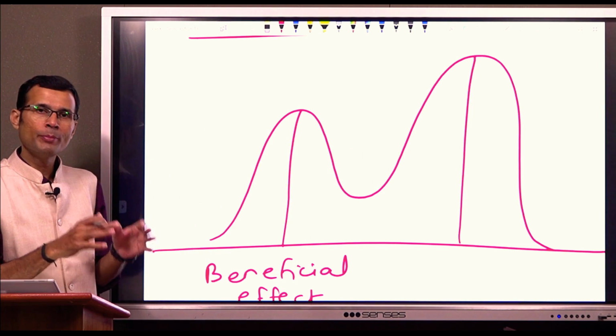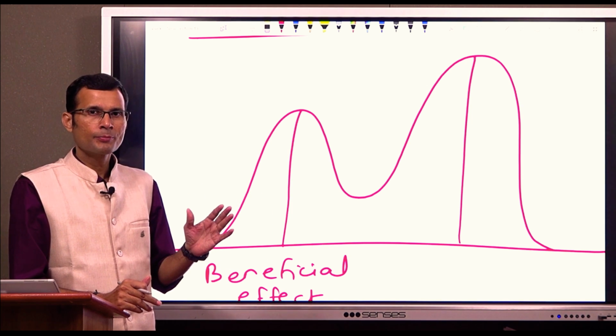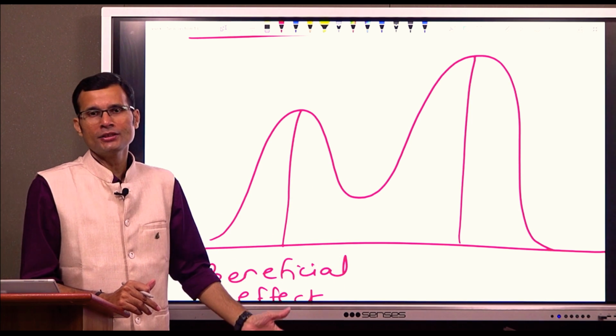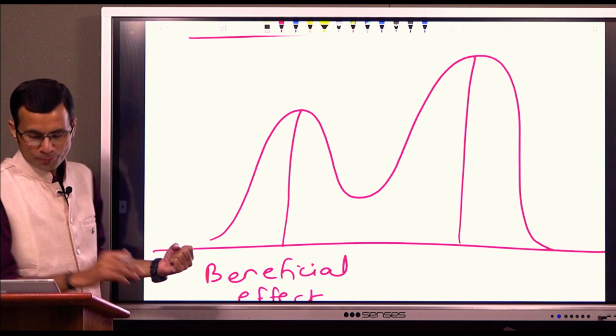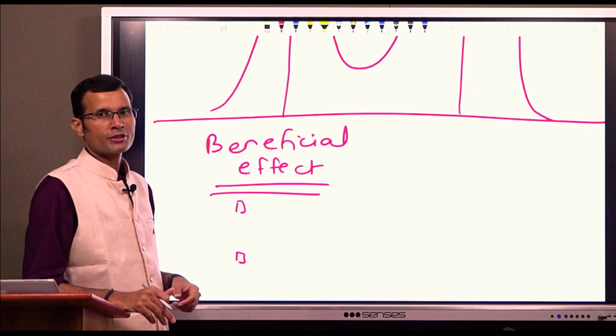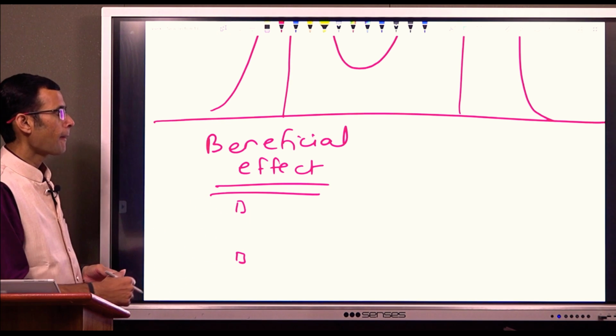That's the meaning of beneficial effect. The first contraction produced certain changes in the muscle, and those changes made the second contraction easier and stronger. Therefore, the first contraction benefited the second contraction, if of course the stimuli were applied quickly, one after the other.